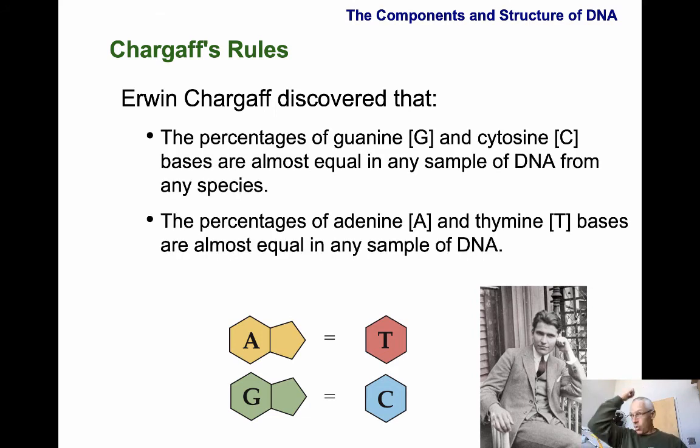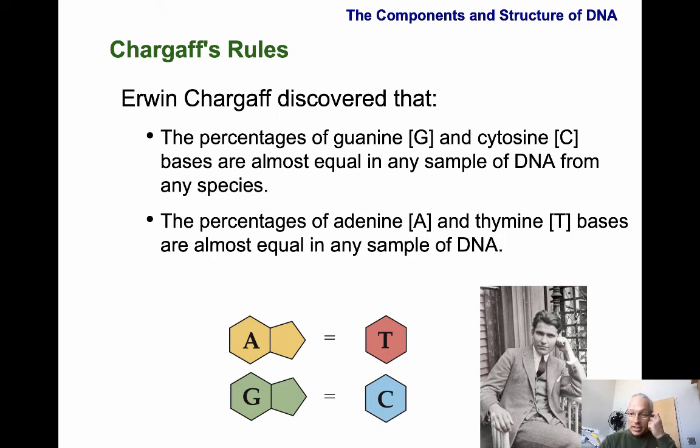And so a key piece of information that Watson and Crick had to consider was some information that was reported by a scientist named Erwin Chargaff.